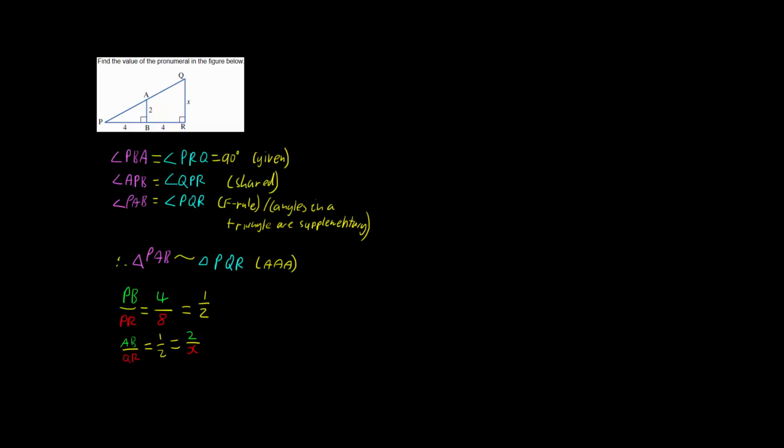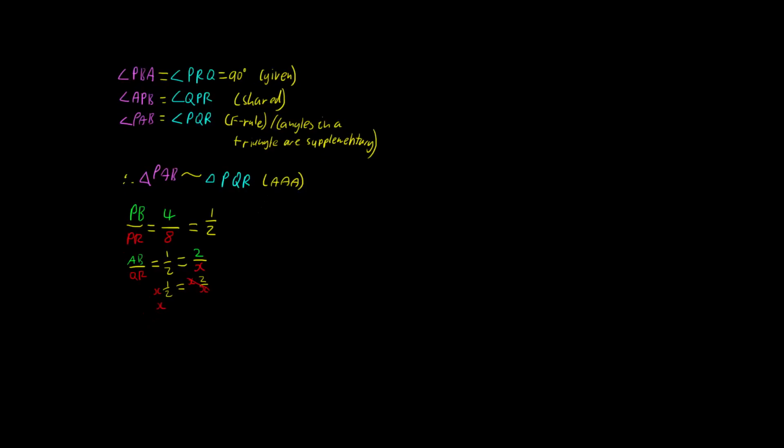Now we can apply some algebra, and we can multiply both sides by x. So we have x times 1/2 is going to equal x times 2 over x. These x's will cancel out, and we're left with x times 1/2 is equal to 2.